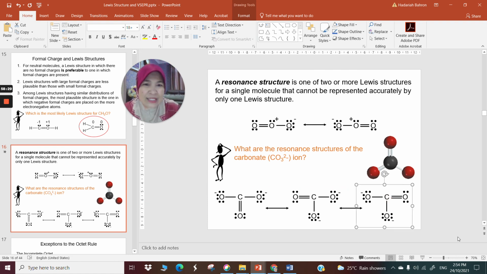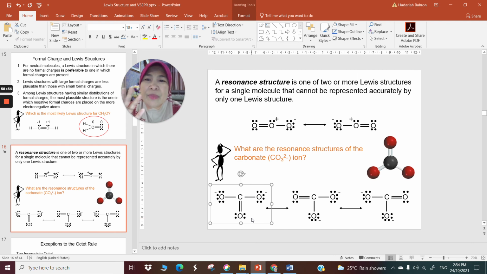And as I was explaining to you with the ozone, in actual fact, experimentally, when you look at this anion through maybe X-ray crystallography, you're going to find that you do not see two long bonds and one short bond. You see three bonds that are equal to one another.